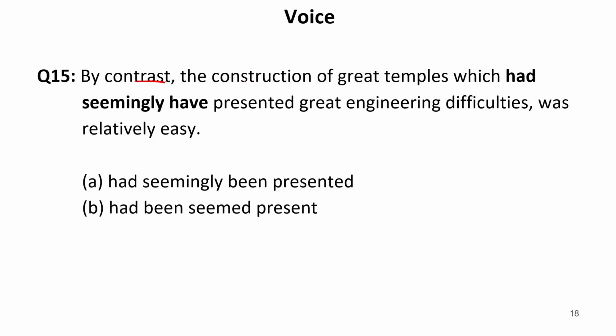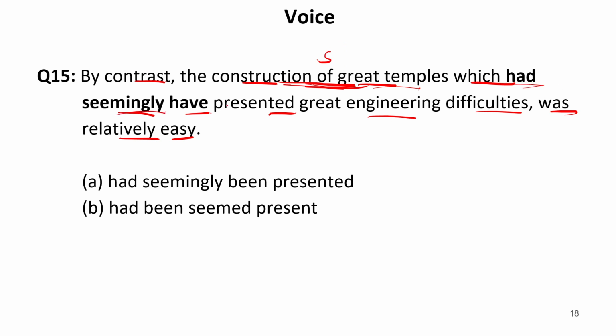By contrast, the construction of great temples, which had seemingly have presented a great engineering difficulties, was relatively easy. Now in this sentence, by contrast, the construction of the great temples. So this is the construction of the great temples. This has been talked about. Let us see if it is a subject.